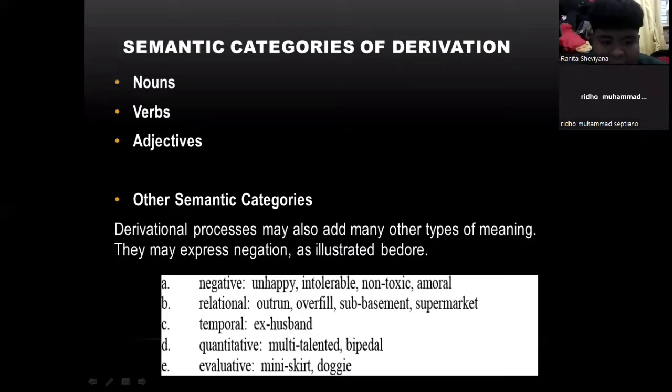Relational: outrun, overfill, sub-basement, supermarket. Temporal: ex-husband. Quantitative: multi-talented, bipedal.